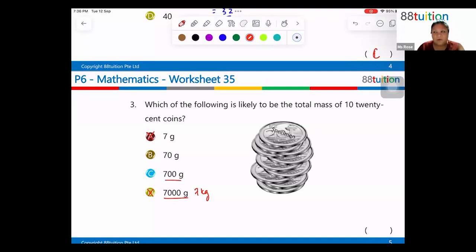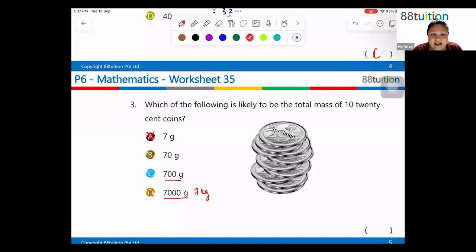Now, how do you know what 700 grams is likely to weigh? How does 700 grams feel? You know a bottle of mineral water, which is 500 ml, is about 500 grams. So imagine the mass of your 20-cent coins is as heavy as your bottle of water.